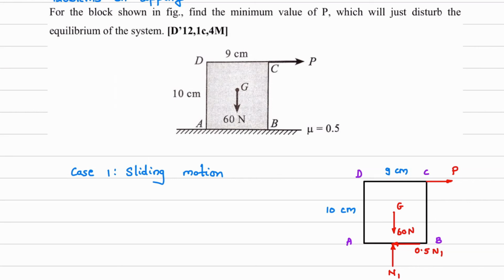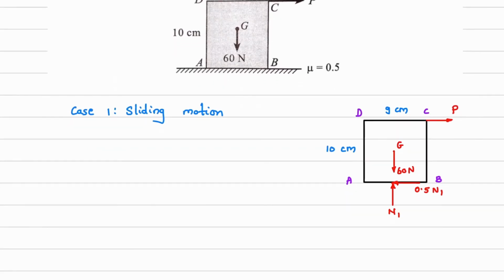Now after drawing the FBD of block, we have to use condition of equilibrium. So first I'll use summation Fy equal to 0. All the forces in y direction, its summation should be 0. So plus N1 minus 60 equal to 0. So N1 value is 60 Newton.